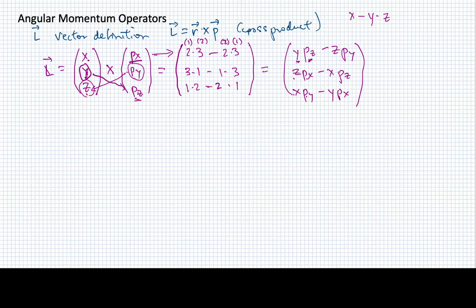And the same is going to be true over here. What this produces now is an Lx component, an Ly component, and an Lz component. So the vector that I'm making is this vector out of the cross product between these two vectors. So you can see that the effect of the cross product is to produce a vector itself.